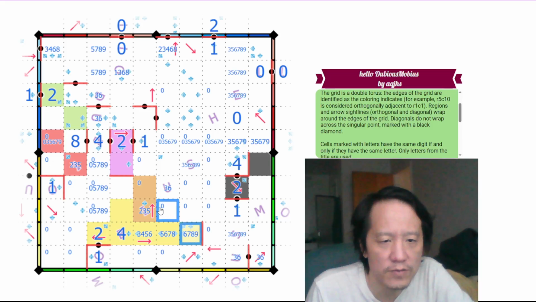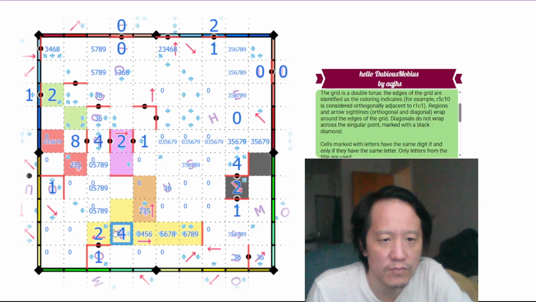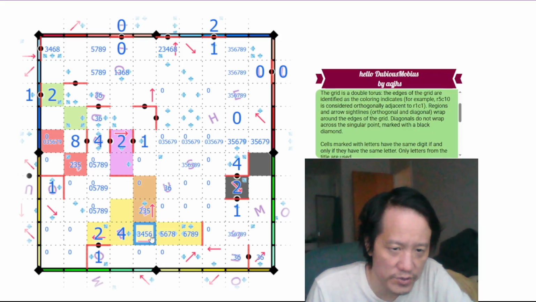Well, no. Oh, wait, no, there's 10 cells in a region. So it still could see 9. Okay. So if this is 3, it sees all 3 of these. Okay, so... Can this ever be 6 is kind of a good question, right?